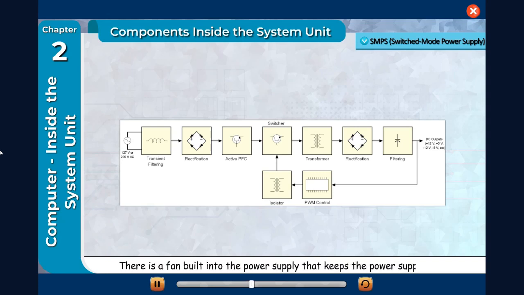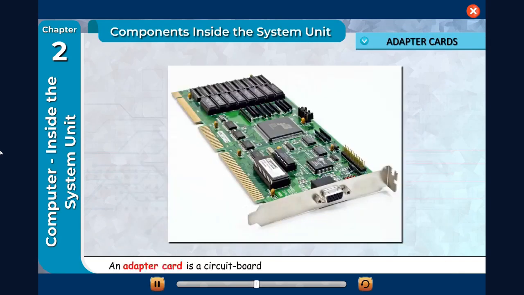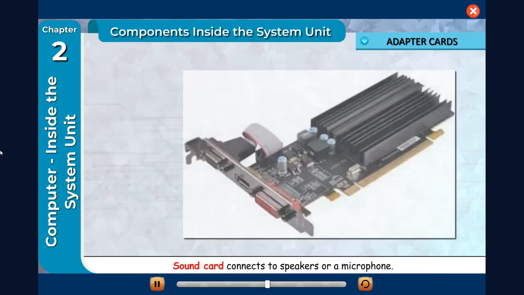Adapter cards. An adapter card is a circuit board that is fitted in the socket on the motherboard. It enhances the functions of various components of the computer. Some popular adapter cards are: sound card connects to speakers or a microphone. Video card provides enhanced graphics capabilities.